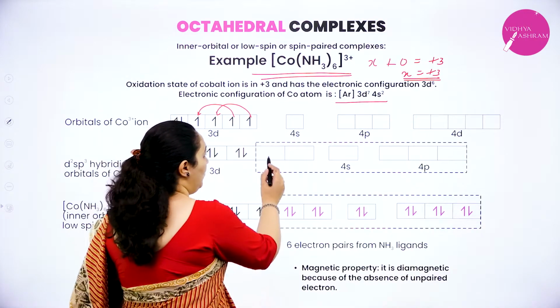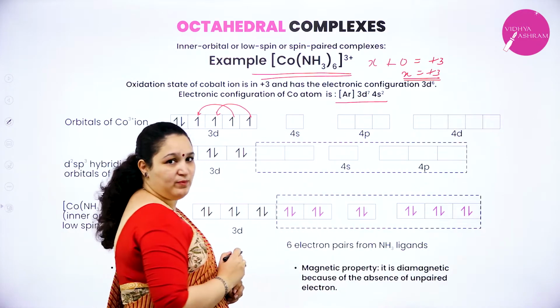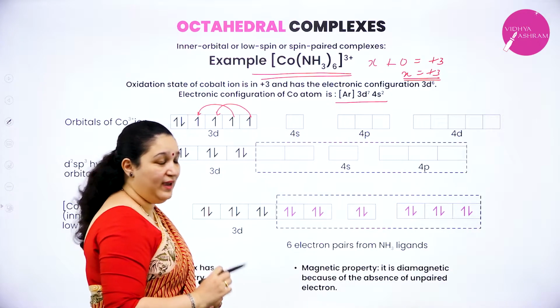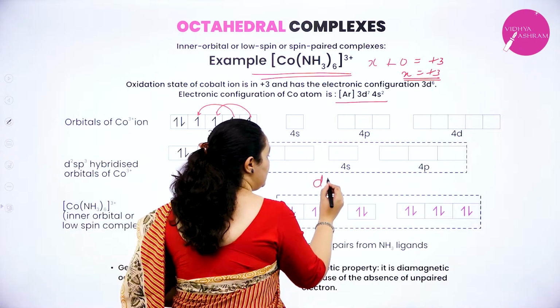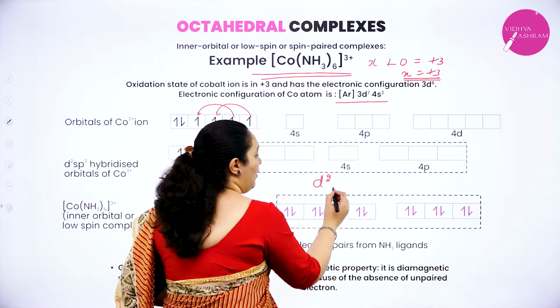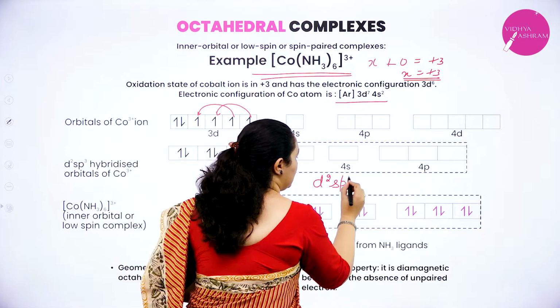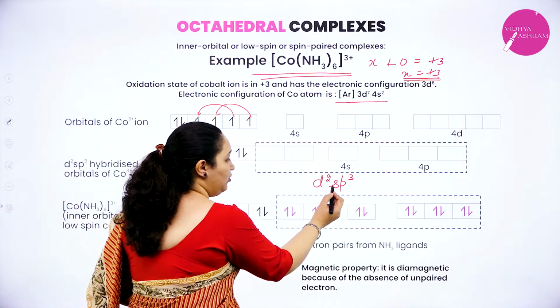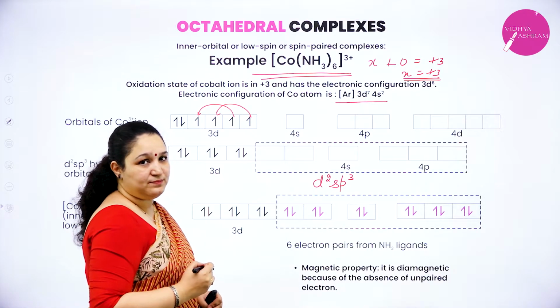So, I count 1, 2, 3, 4, 5, 6. All these 6 orbitals will undergo hybridization. Which hybridization? 2 d orbitals, so d2, 1 s orbital, 3 p orbitals, sp3. So d2sp3 hybridization will occur.